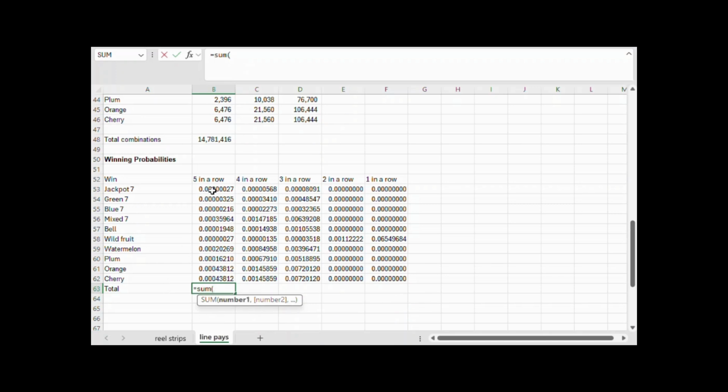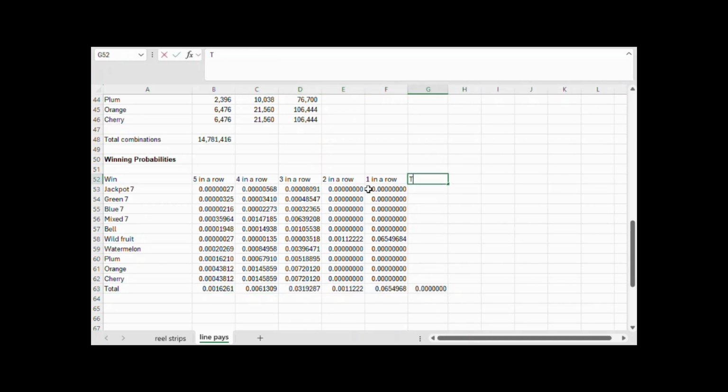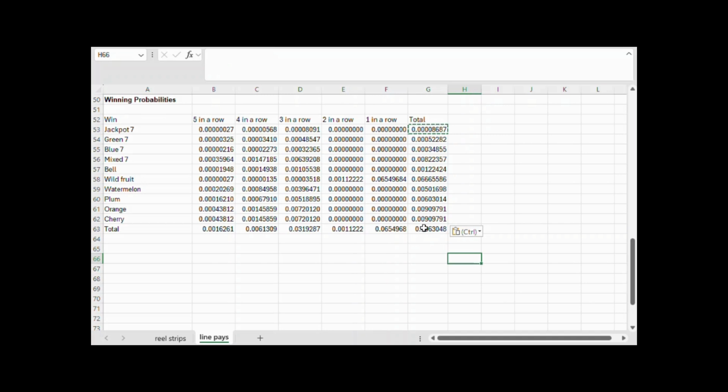And let's take a total of each column as well as each row. So cell G63 over here is telling us that any given pay line has a 10.63% chance of winning something as a line pay.